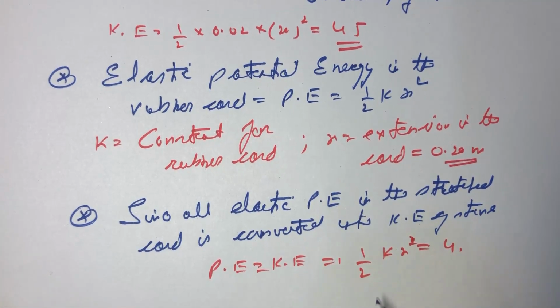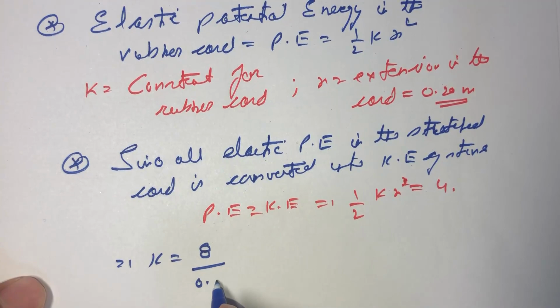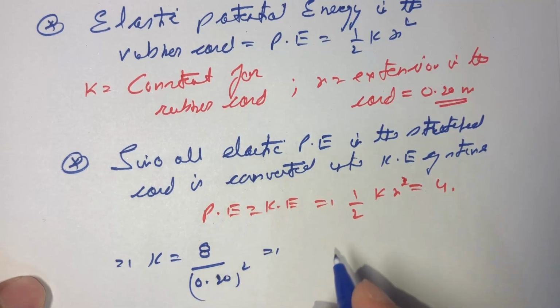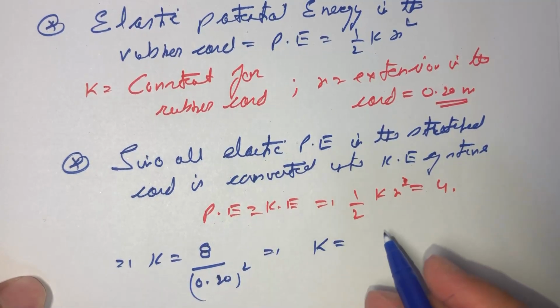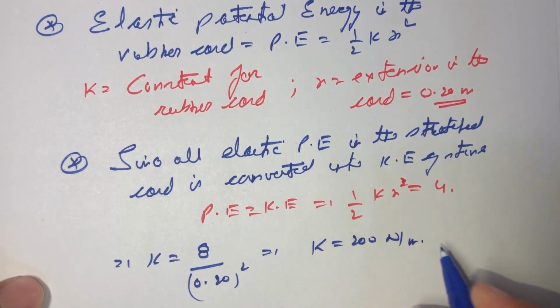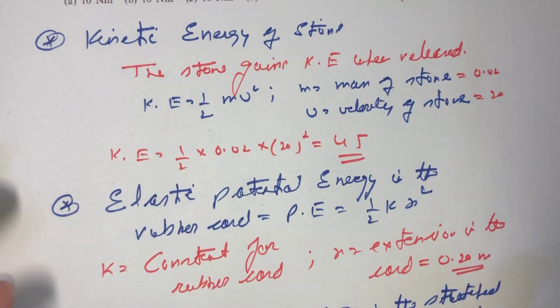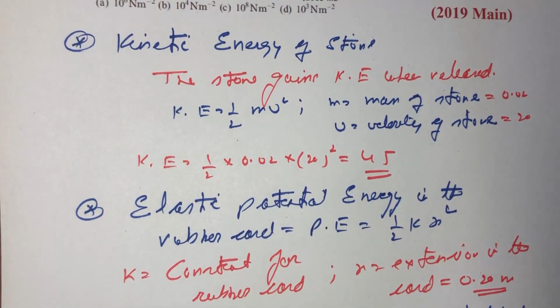We already know value of x, so we can write this as k will be equal to 8 divided by 0.20, and this gives us that k will be equal to 200 Newton per meter. So we found out the value of k, that is the constant for the rubber cord.